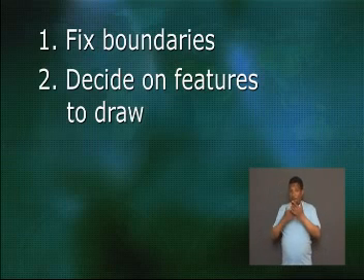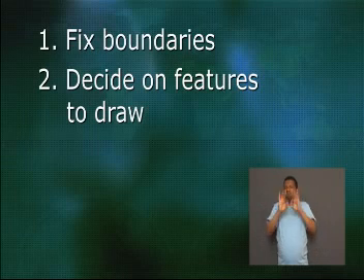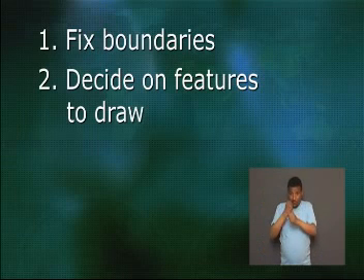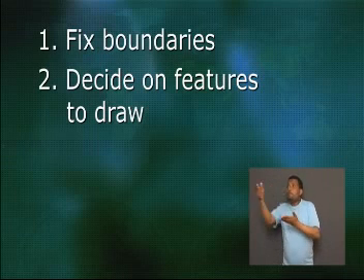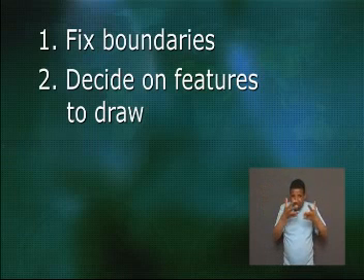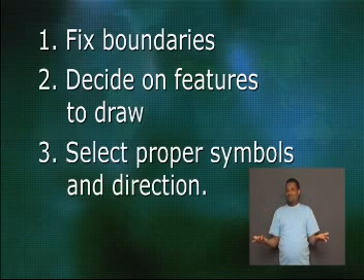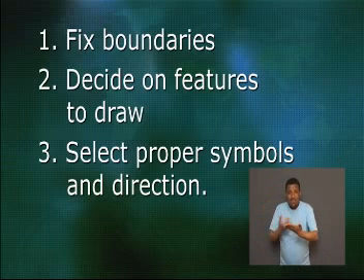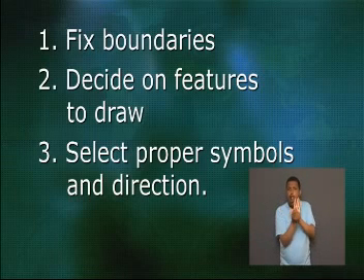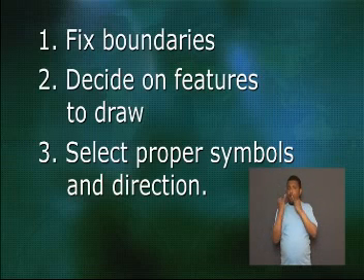Some features may not be essential to remember at this stage, and if the map maker attempts to draw everything he or she sees, the map will become cluttered, clumsy, or confusing. Also, the person drawing the sketch map must be careful to select the proper symbols and direction in order to be able to use the information efficiently later on.